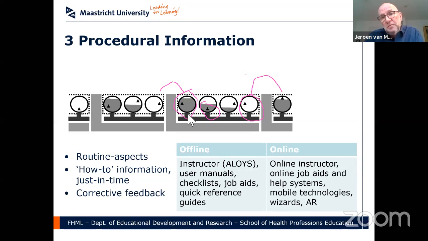In an online environment, it can be online instruction or online job aids or help systems or mobile technology, or nowadays augmented reality, in which you are working on a task, and while you are working on a task, reality is augmented by directions that you can see on your Google Glasses, for example. So the presentation of procedural information is fundamentally different from the presentation of supportive information.